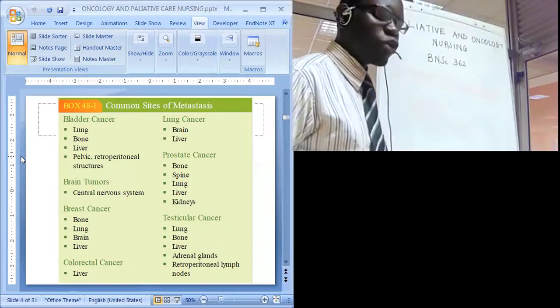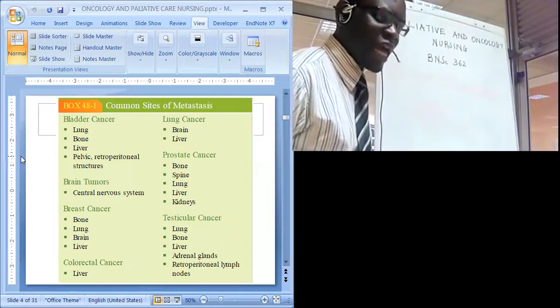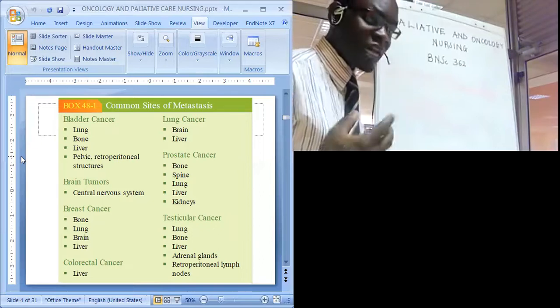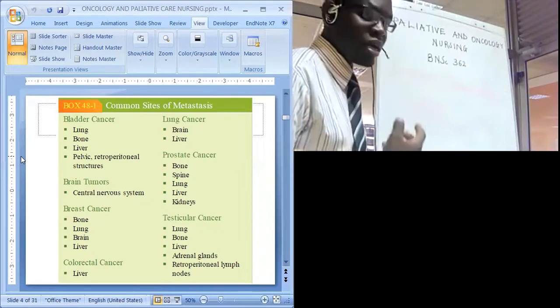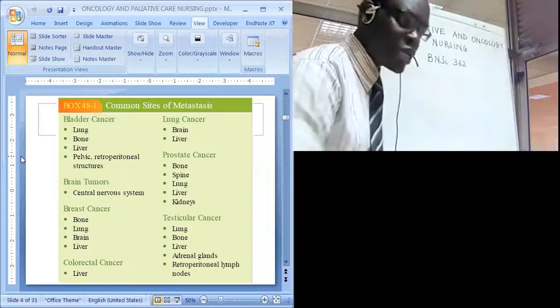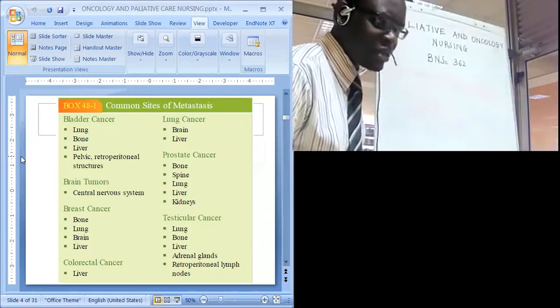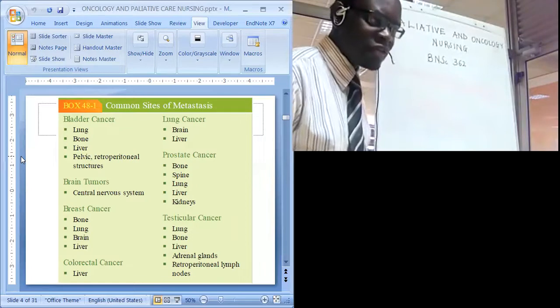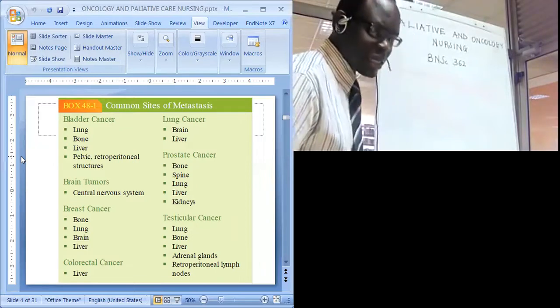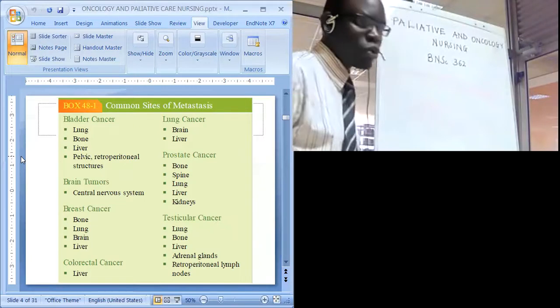That is because these cells have spread to the spine. But we also have the lungs, the liver, and the kidneys, among other things. And for testicular cancer, we have the lungs, the bone, the liver.